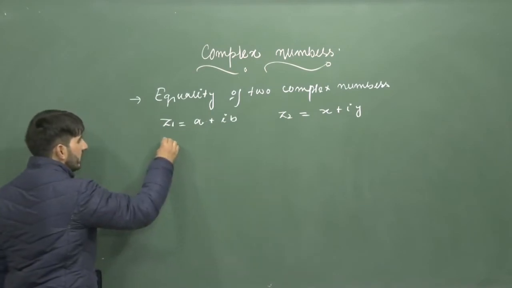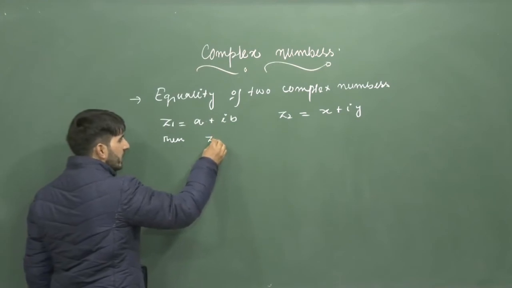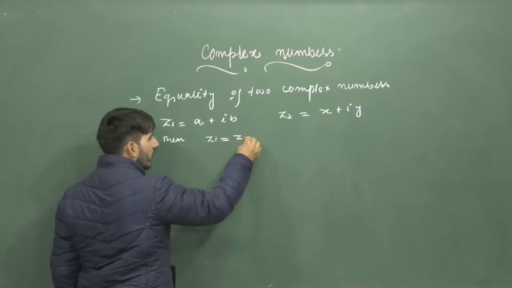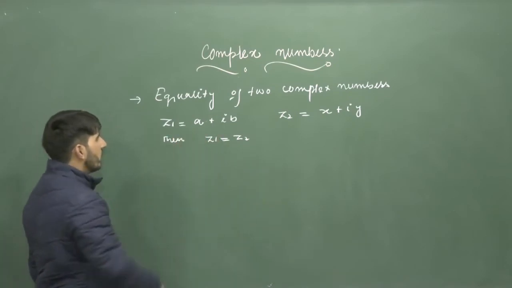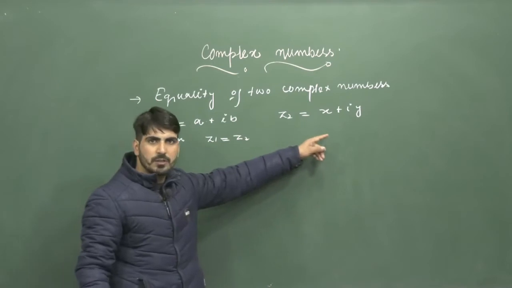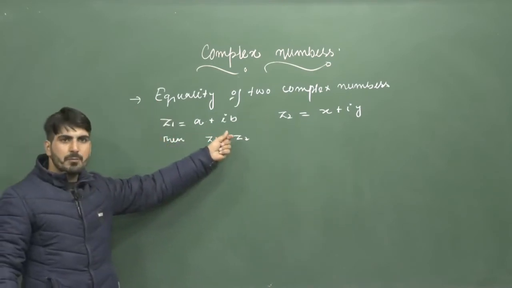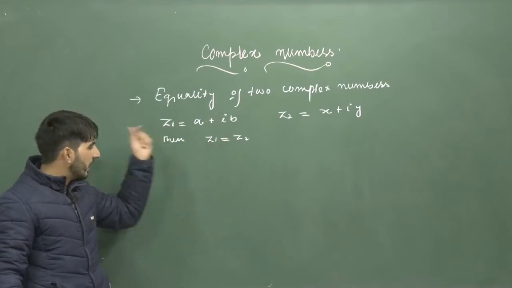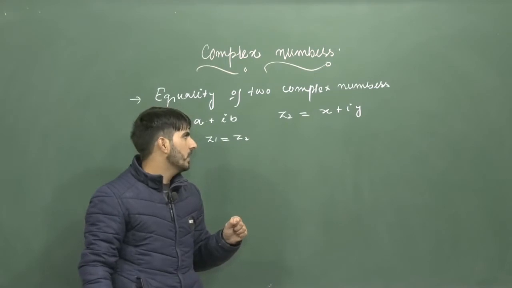Then z1 is equal to z2 if and only if the real part of the complex number z1 is equal to the real part of the complex number z2. Similarly, the imaginary part of z1 is equal to the imaginary part of z2.